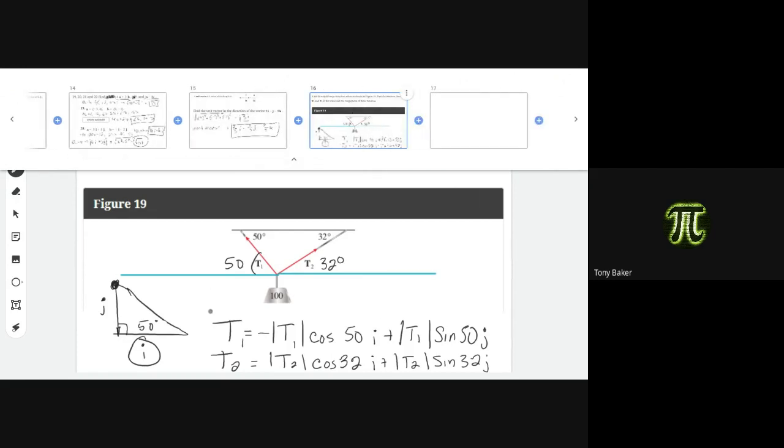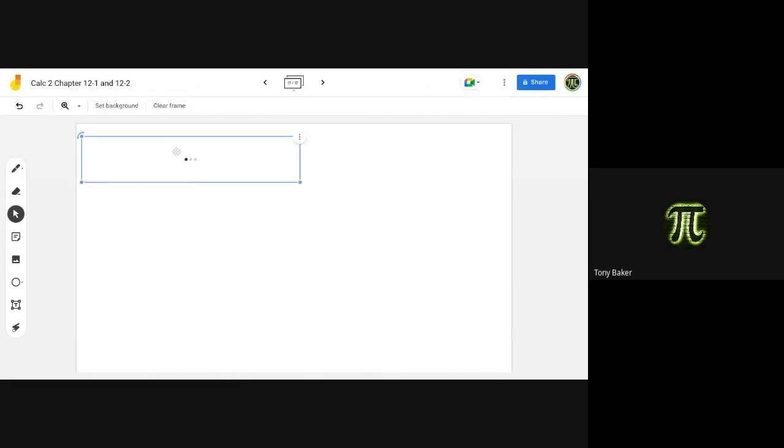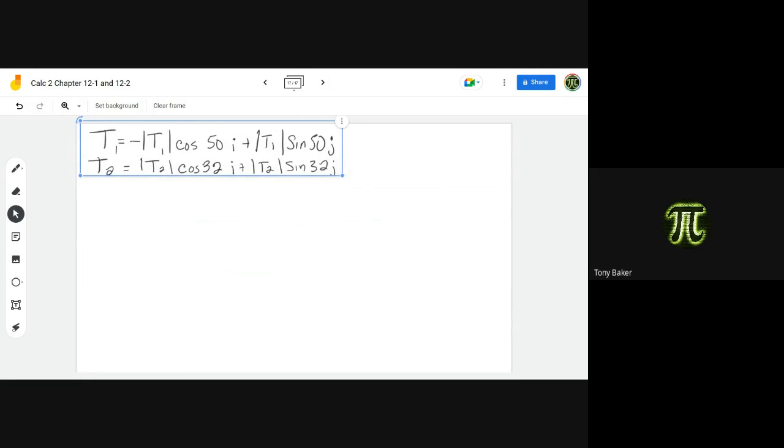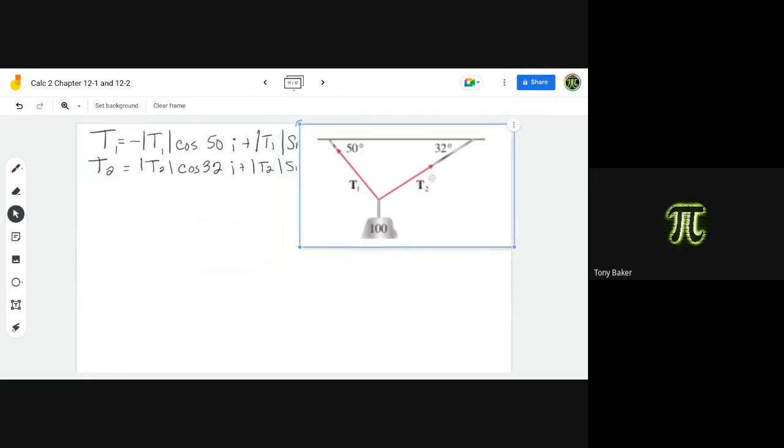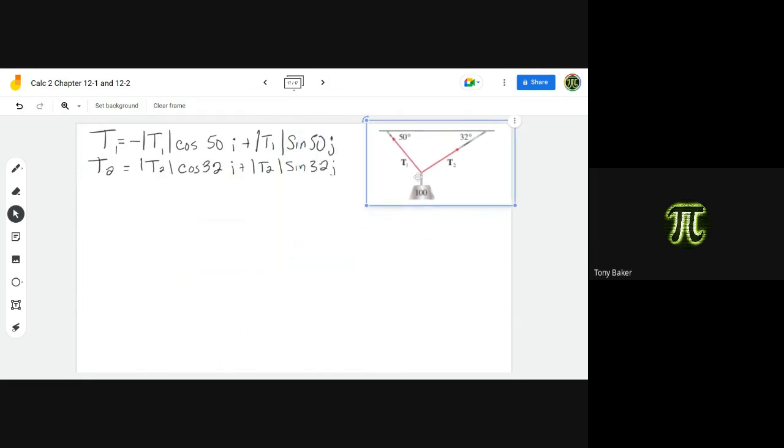All right, so we've got these two. And I need my picture still. So if I did T1 plus T2, so those are those two vectors, right?